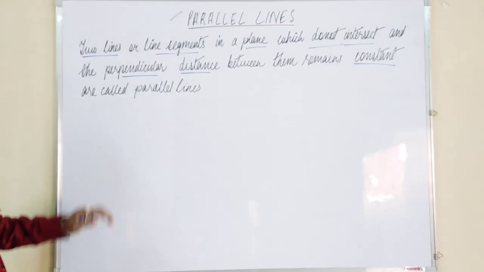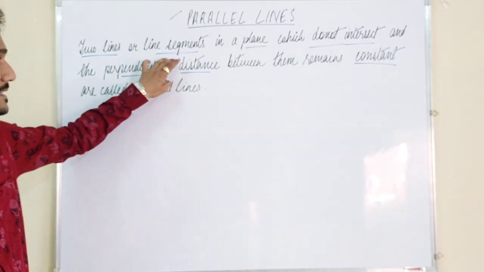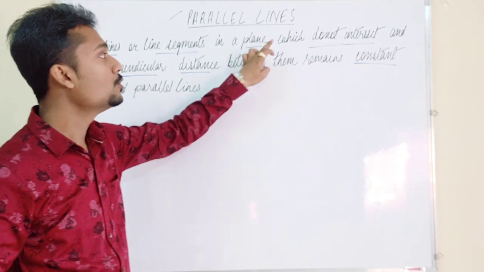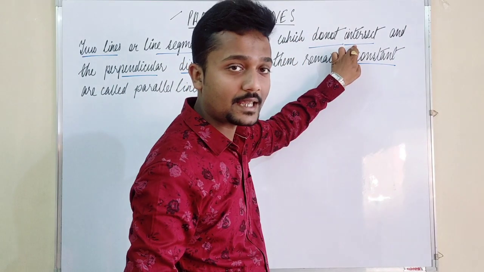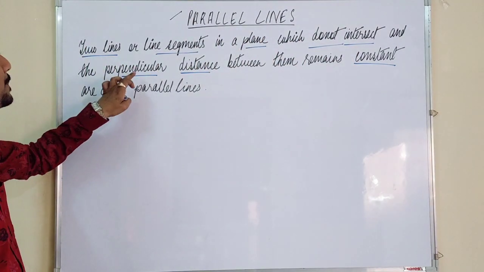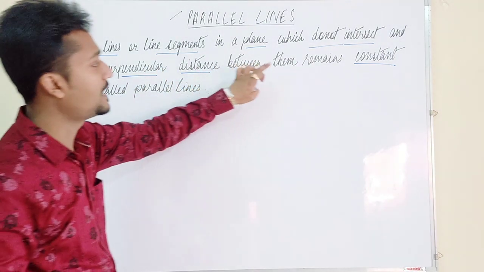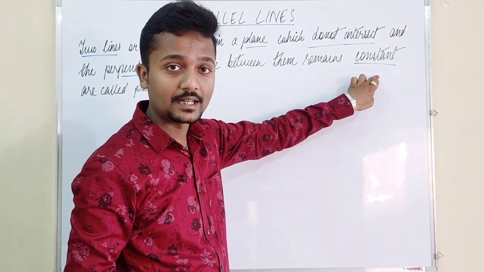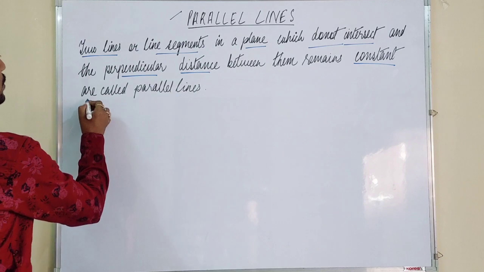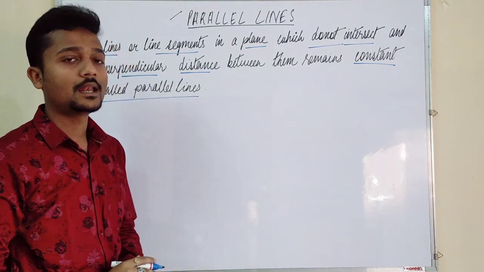I repeat once again, two lines or line segments in a plane which do not intersect and the perpendicular distance between them remains constant are called parallel lines.